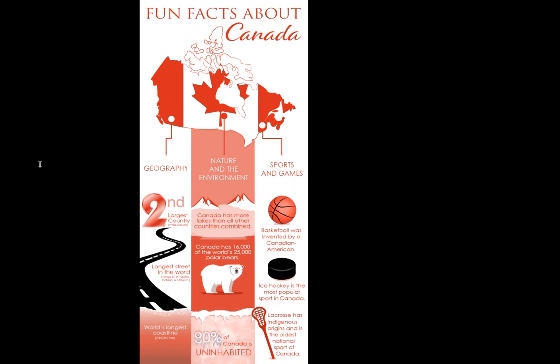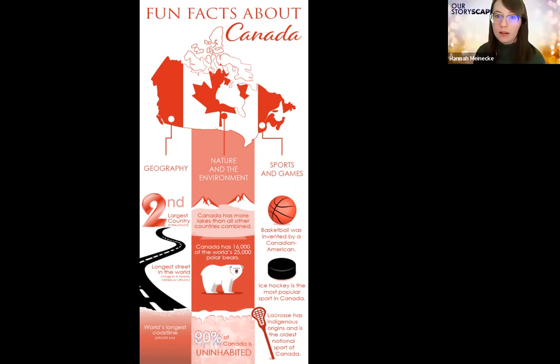And the last fun fact about Canada is that lacrosse has indigenous origins, and it's the oldest national sport in Canada. I really didn't know about the indigenous origins. What's the name of the tribe? So that would be the Iroquois people.